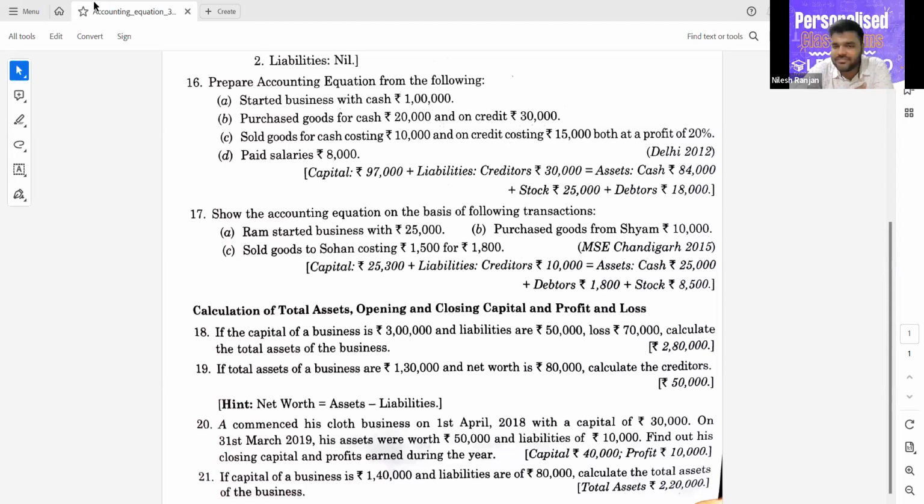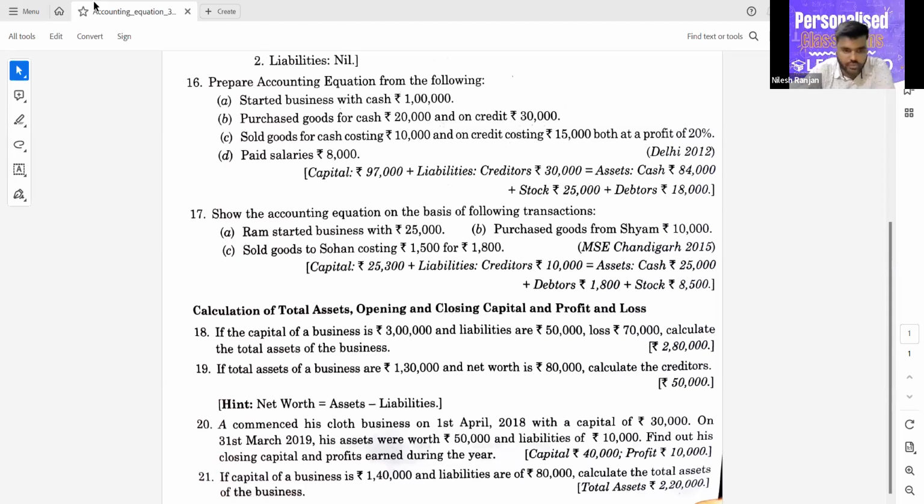So you got assets of 40,000, and that is incorrect. Actually, there is a small point given in the question that you have to understand. A commenced his cloth business on 1st April 2018 with a capital of 30,000. So in the beginning of the year, his capital was 30,000.